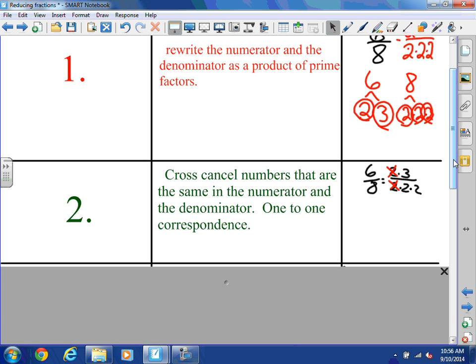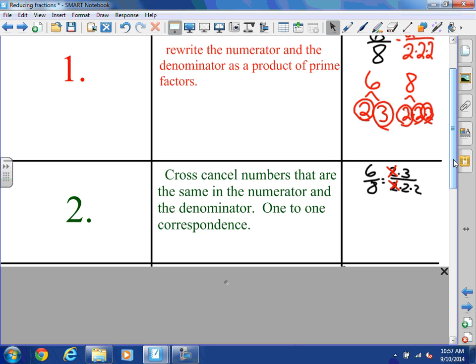So when you look at 6 equals 2 times 3 and 8 equals 2 times 2 times 2, there is one 2 on top and there's another 2 on the bottom, so I'm going to cross those out. I'm going to get rid of them. And I'll explain to you in a minute what it really means to cross them out.